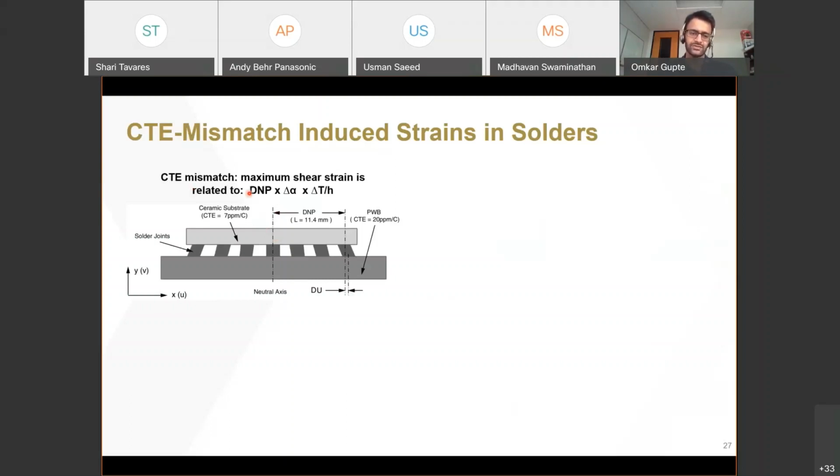For instance, the CTE mismatch leads to the generation of plastic strains in solder materials. The strains in these solder materials are dependent on the location of that solder joint and also on the CTE difference between the chip and package or package and board, whichever level we are considering.